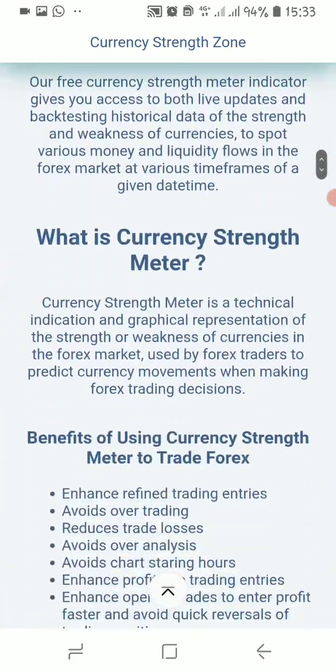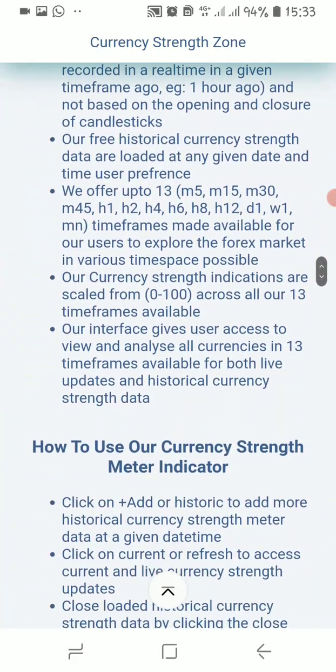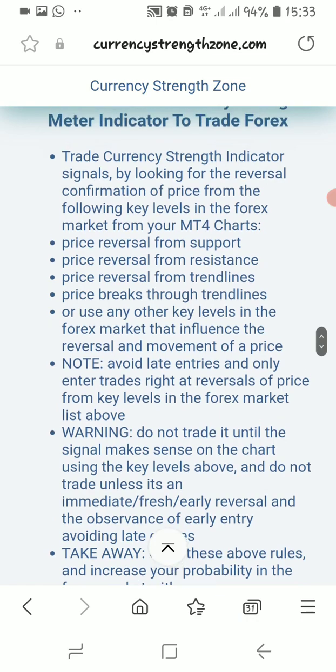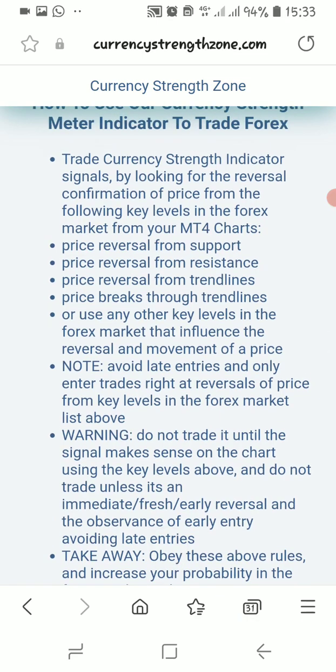So only act on a signal by following these rules. In order to enter a trade, make sure the signal is confirmed by the following rules. Price should obey key levels, such as price reversal from support, then you go into a buy trade.